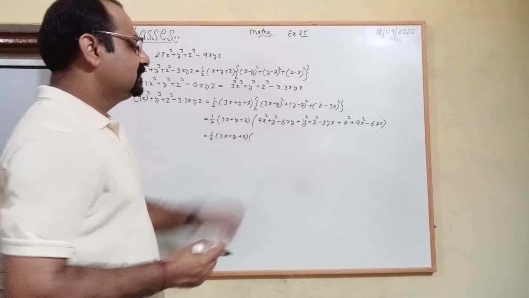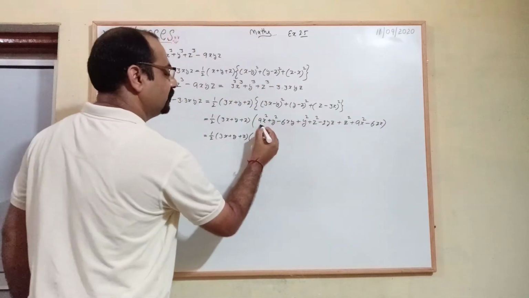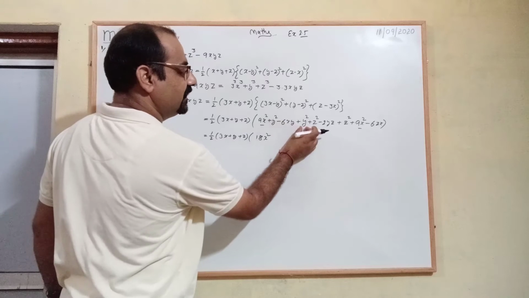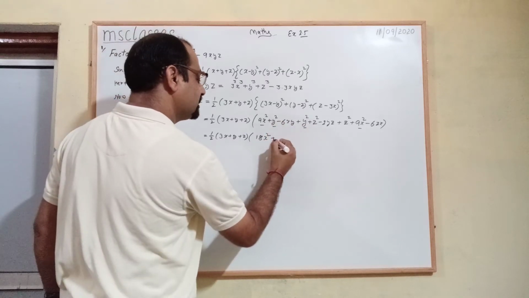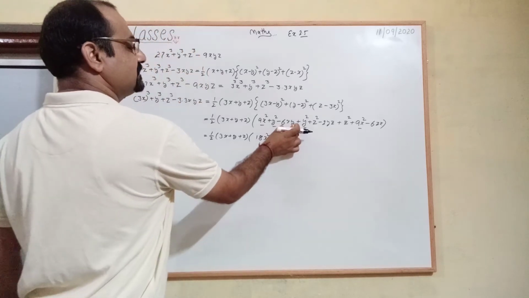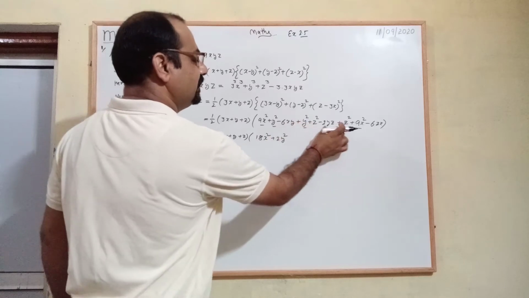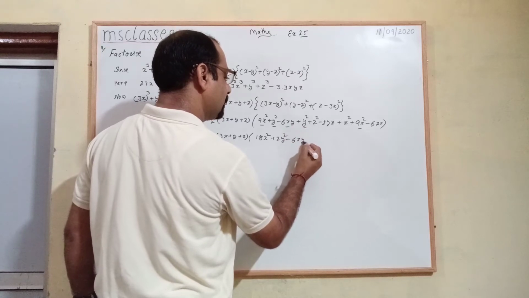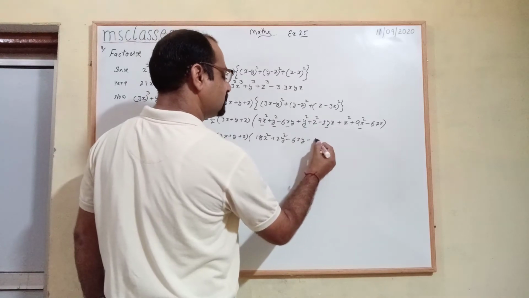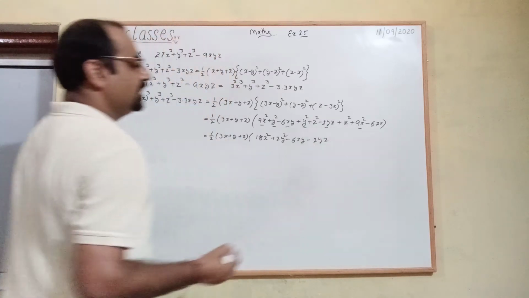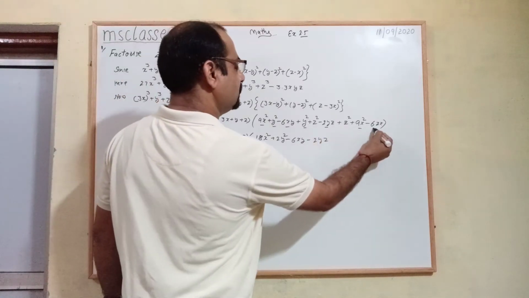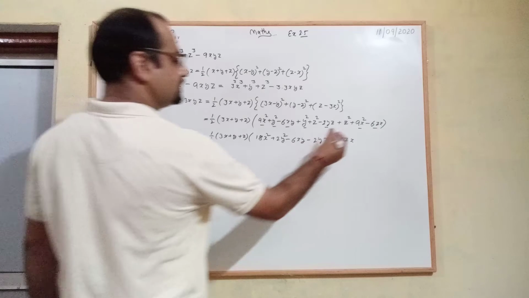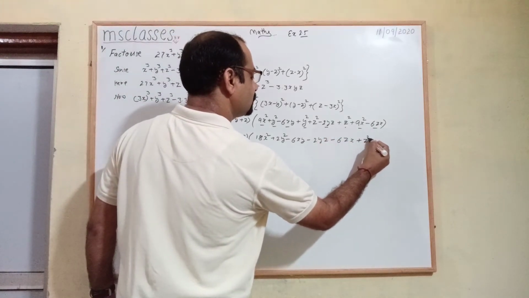You have 9x square and 9x square, both positive, adding 18x square. y square and y square, both positive, so plus 2y square, minus 6xy, and no xy more, so this is only minus 6xy, then minus 2yz, and after that you have left minus 6zx, and one more thing, this is z square plus z square.